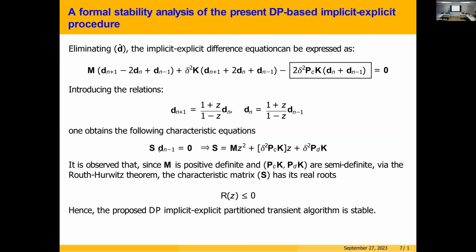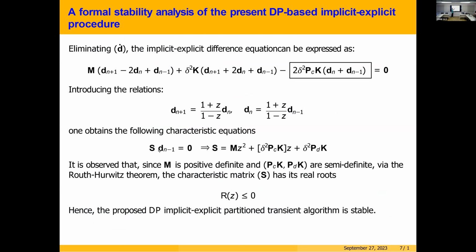Of course, for those of you who are more mathematically aligned, the previous explanation is enough. You can actually eliminate all the velocity and acceleration by the finite difference equation in time, and then look for Dn plus 1 as some lambda times Dn.